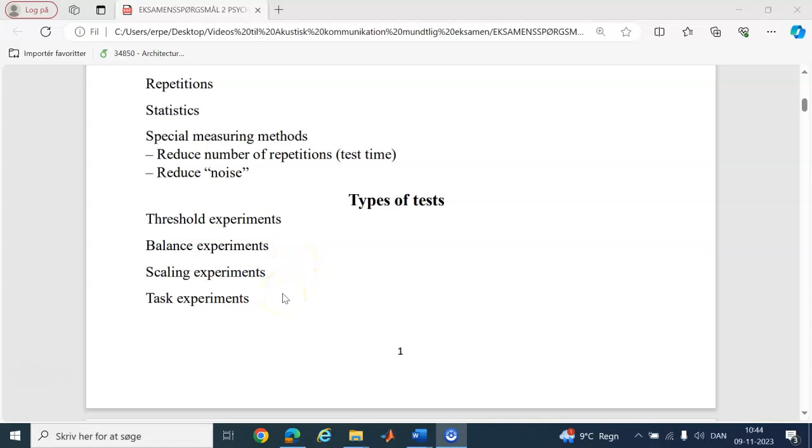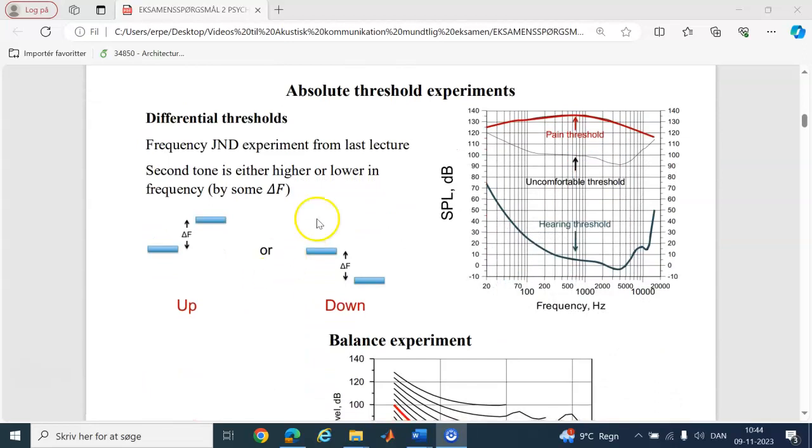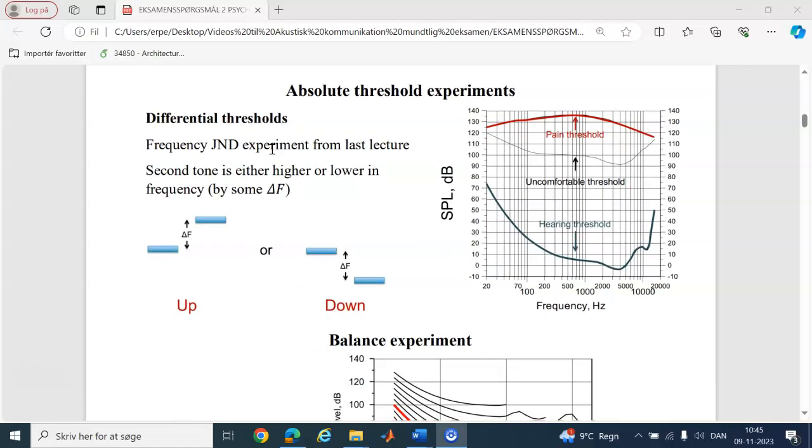The threshold experiments mean, for instance for the differential threshold, the frequency JND experiment from the last lecture. The second tone is either higher or lower in frequency by some delta F. So it goes up or down, and the response can be either higher or lower.